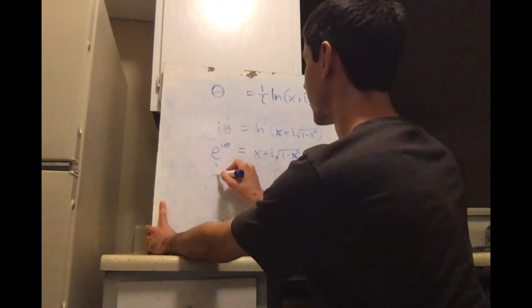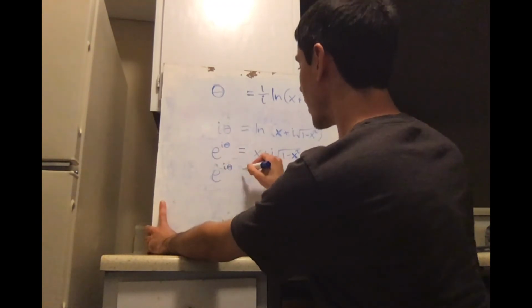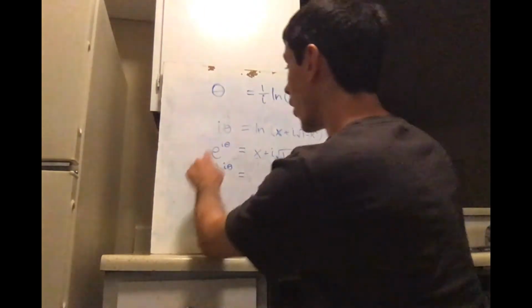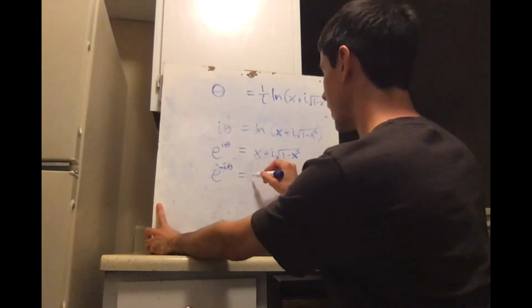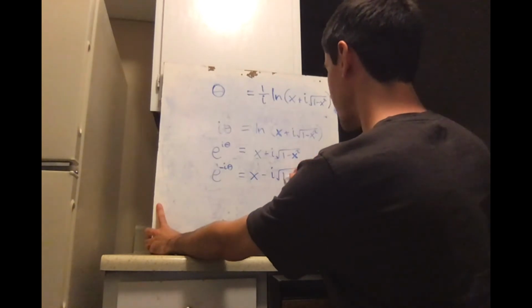So similarly, we're going to have e to the negative i theta, by the same sort of rationalizing the denominator type of argument. 1 over e to the i theta, which is e to the negative i theta, equals x minus i times the square root of 1 minus x squared.